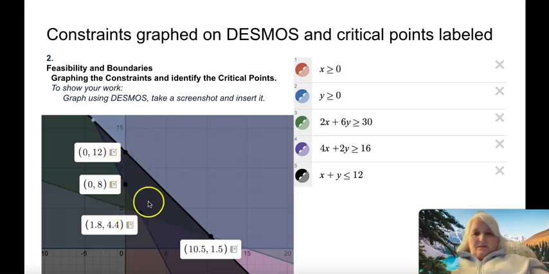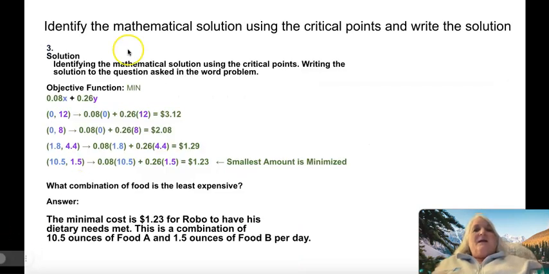Okay, so I have 4 critical points, and then I'm going to take those and I'm going to plug them into my objective function. So I'm working on the third part right now. Identify the mathematical solution by using the critical points and write the solution. So the solution, I'm using my objective function, which I'm minimizing.